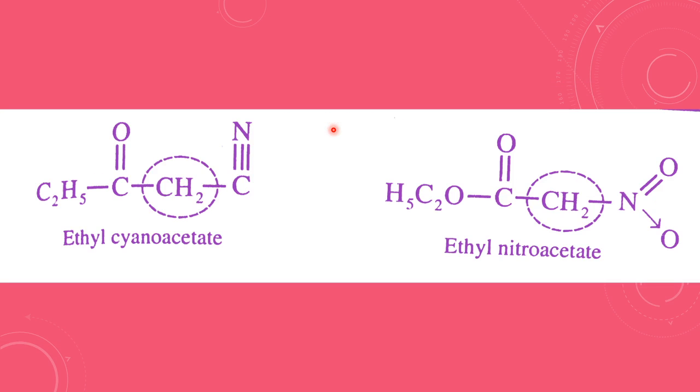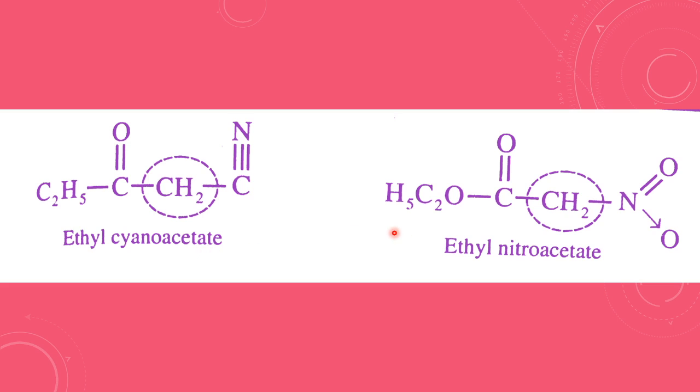See another example. Here another group is attached, a cyano group, C triple bond N, meaning cyanide, attached to this CH2 group, and here C2H5 C double bond O. This compound is ethyl cyanoacetate.